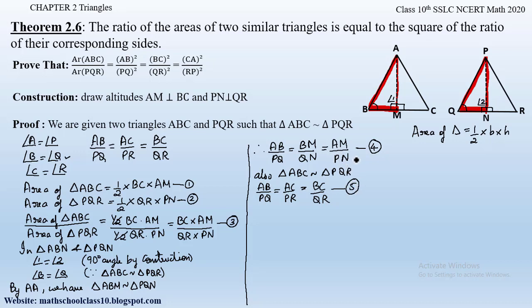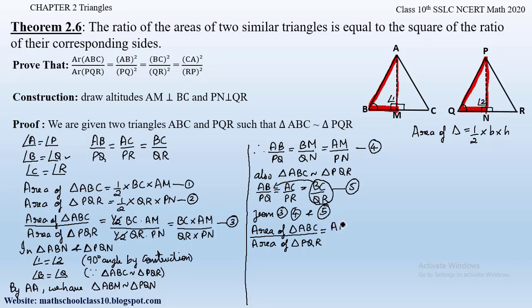If we substitute the values of 4 and 5 in equation 3, we are going to get AB by PQ the whole square. Okay, so write down from 3, 4 and 5, we can write area of triangle ABC by area of triangle PQR is equal to, so instead of BC by QR, we are substituting BC by QR equal to AB by PQ.